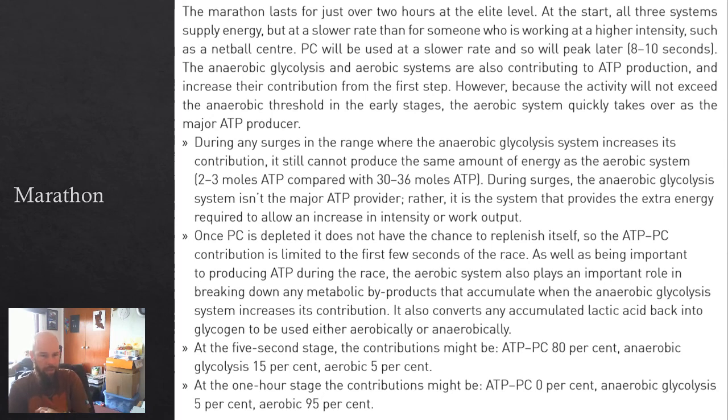Predominant is looking at snapshots in time, whereas the dominant energy system is looking at the big picture. So the dominant energy system for the marathon would be the aerobic energy system.